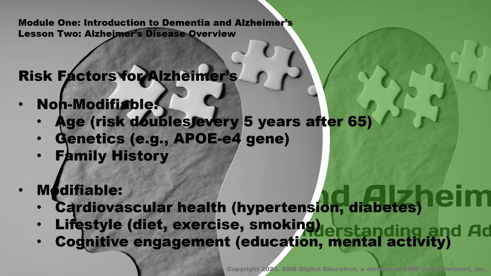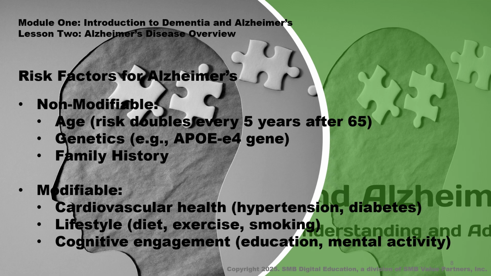While Alzheimer's has no single cause, certain factors increase risk. Non-modifiable factors include age. Risk doubles every 5 years after 65. And genetics, such as carrying the APOE4 gene variant. A family history of Alzheimer's also raises risk.